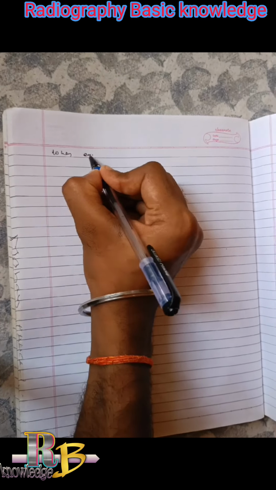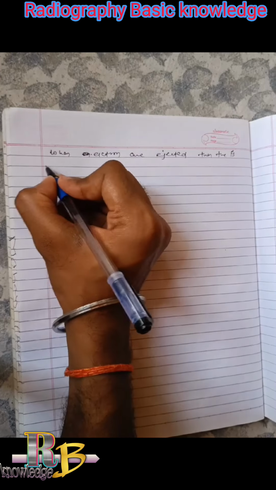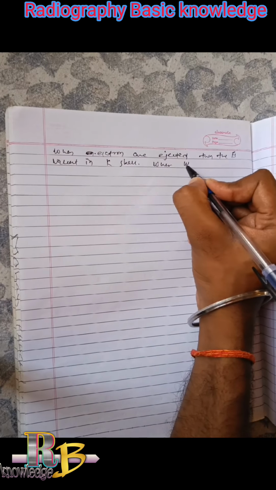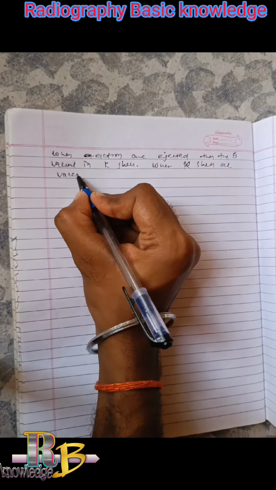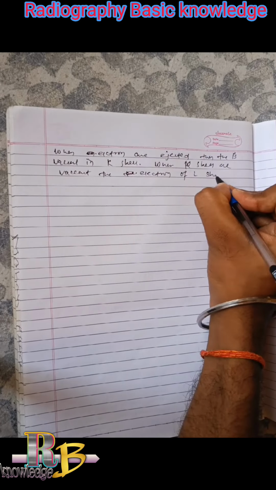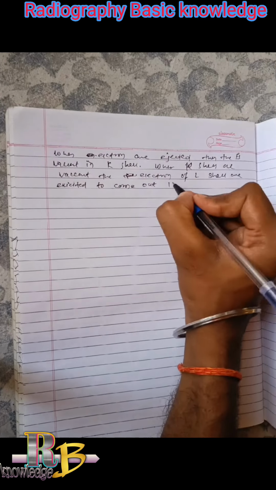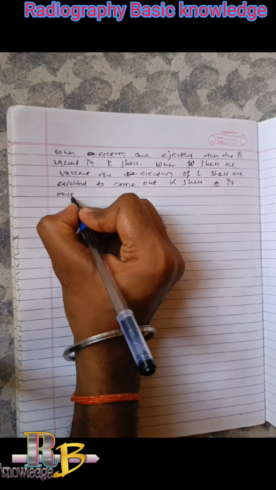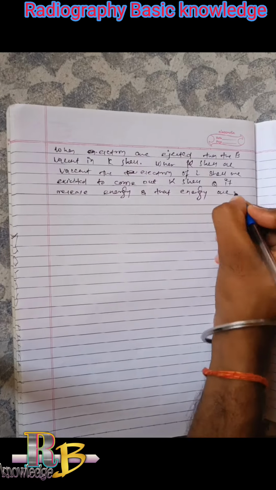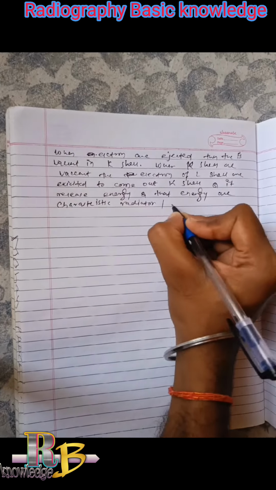When the electron is ejected, there is a vacancy in the K shell. Then an electron of the L shell comes to the K shell and releases energy, and that energy is characteristic radiation.